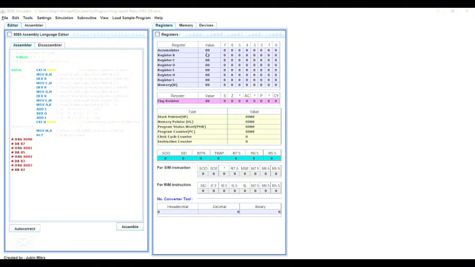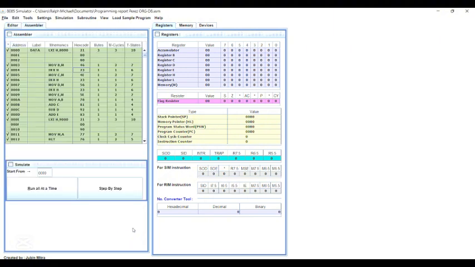Now on to the short demo of my simulator. Here the data stored in memory values are 7, 5, 3, and 2. Then we will assemble it, and one by one we will discuss it.